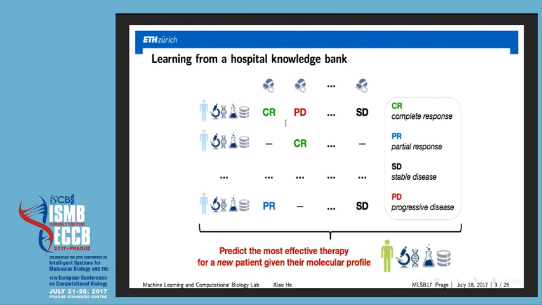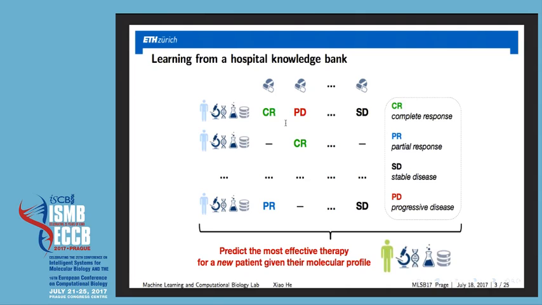Then we know some drug responses for these patients. Some of them have good response, like CR, complete response. Some of them don't work, and it's stable disease or progressive disease. Then we want to recommend the most effective therapies to new patients if we know their molecular profile.